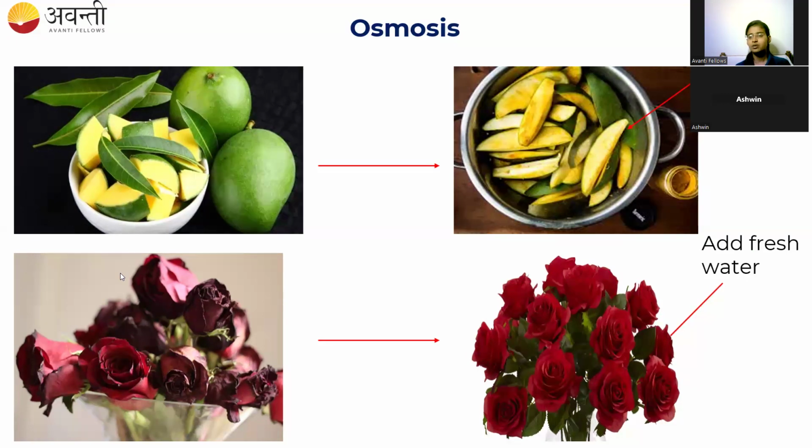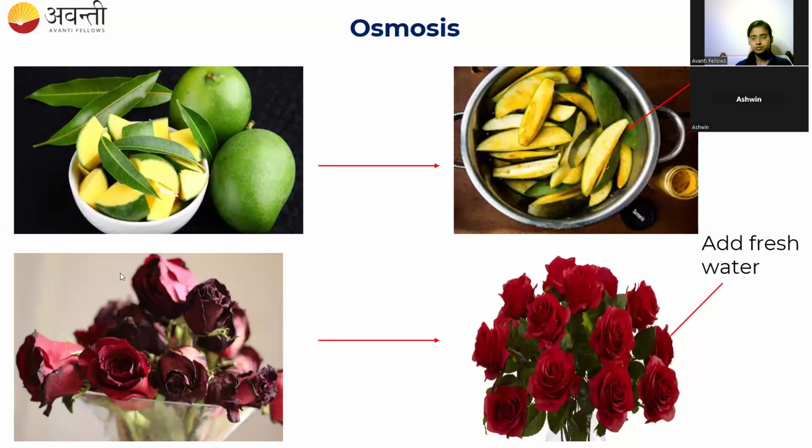That's what we are going to discuss. A fresh looking mango is turning into a bad looking mango when treated with an NaCl solution. The bad looking rose flower, or any other flower, is getting converted to a fresh looking flower when some water is added to it. So what is the reason behind this? That we will discuss here.